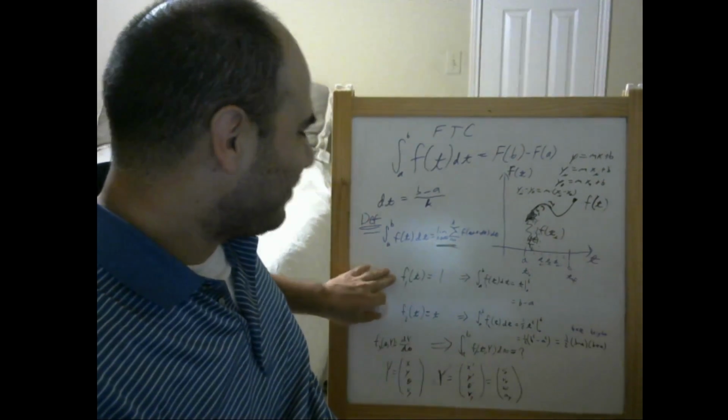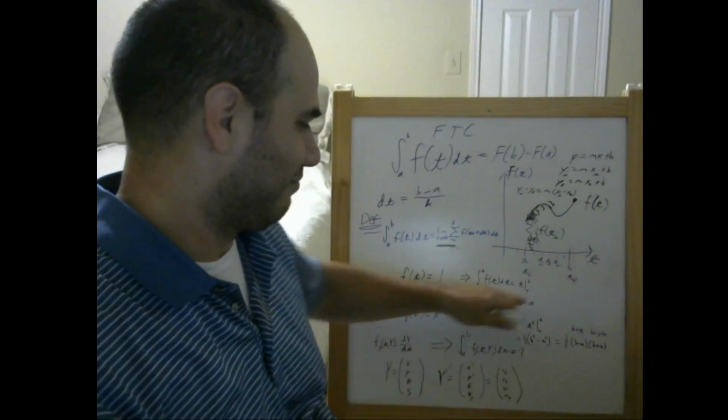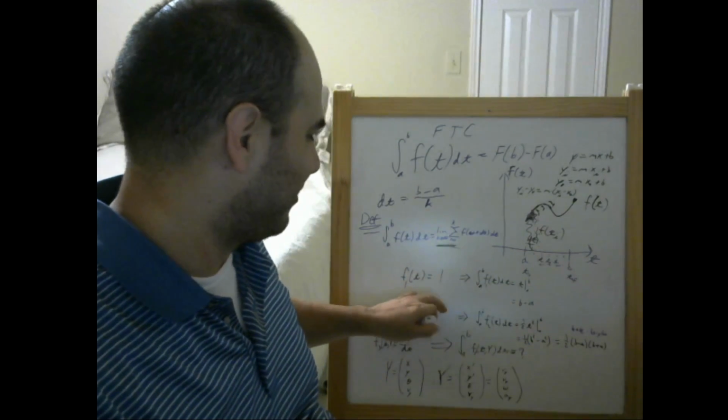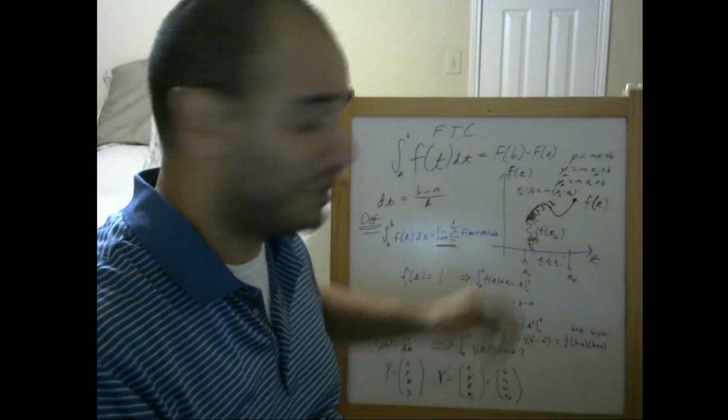Okay, so this first one, we can compute the integral. So we have this constant function f of t equals 1, and we want to compute the area under the curve.